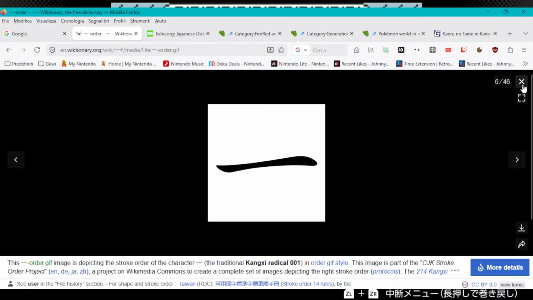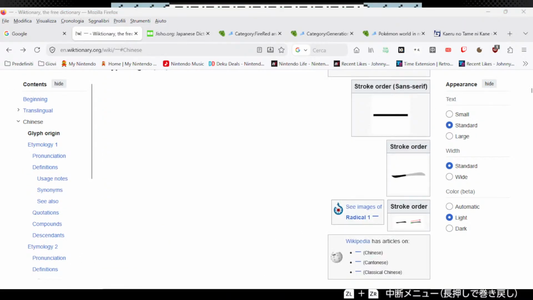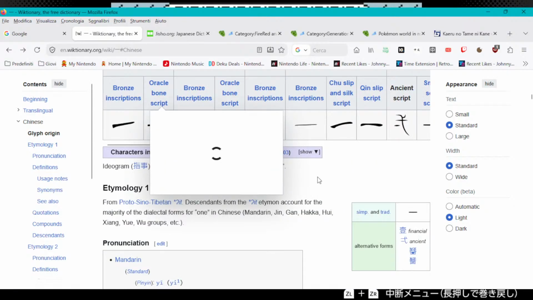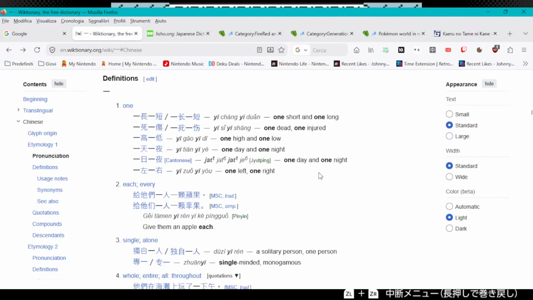But we have used this stroke a lot in other kanji. Here it is straight up as a kanji of its own, with the meaning one, a single stroke, number one. We can check out its readings.